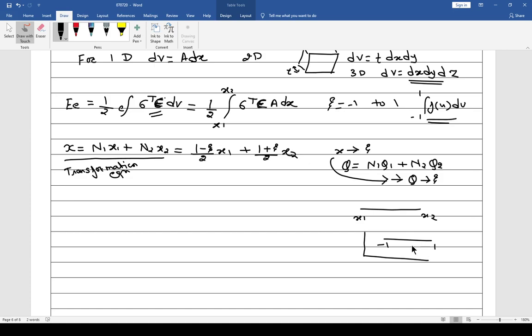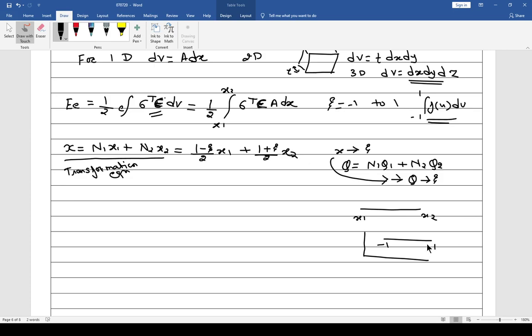Okay, so this actually brings out this transformation, and therefore this is also sometimes called the transformation equation. Any values of x1 and x2 will be brought to -1 to 1 for each and every element.